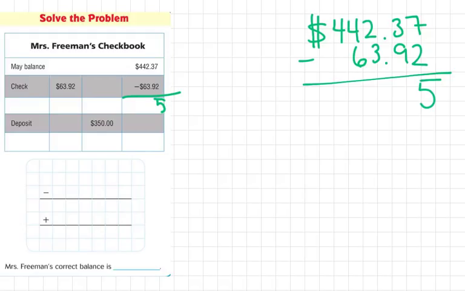So boys and girls, we can't do 3 minus 9, so we're going to go over, and we're going to try to regroup from the next place value, which is the 1s. We can't do 2 minus 3, so we actually have to go back over into the following place value, which is the 10s. We can't do 4 minus 6, but we can borrow and regroup from the hundreds place. So the 4 becomes a 3. Then we have a 14.